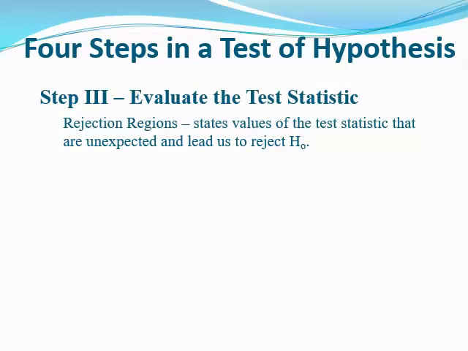Now, we know that there's random variation with samples we take, so where would a reasonable value of the test statistic fall? If you go back to early days in this class, we looked at something called the empirical rule, and we said most things fall within 2 standard deviations of the mean. So we'd say if the test statistic is between plus and minus 2, we don't have a problem with it.